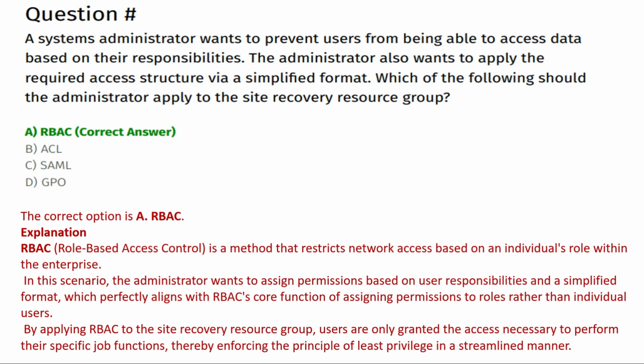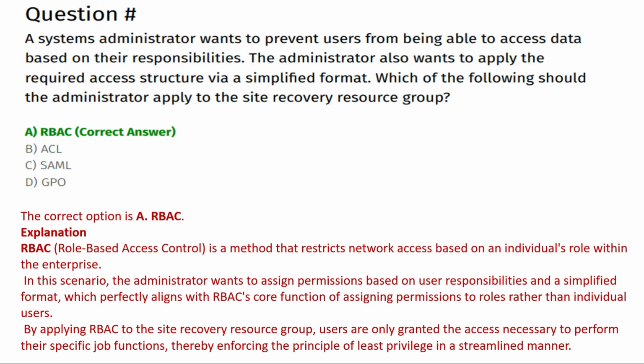By applying RBAC to the site recovery resource group, users are only granted the access necessary to perform their specific job functions, thereby enforcing the principle of least privilege in a streamlined manner. So that's why the correct answer for this question is option A, RBAC, role-based access control.